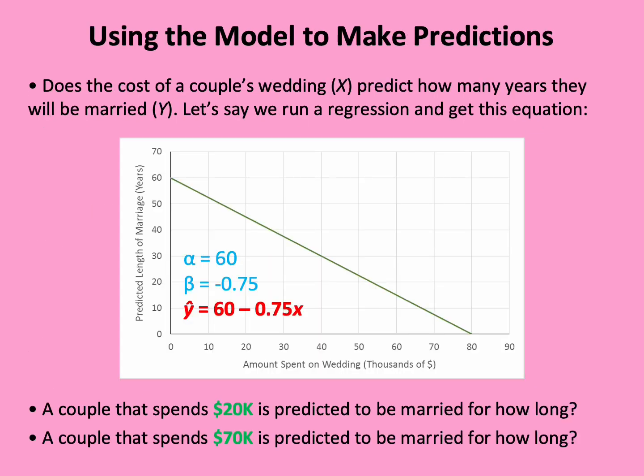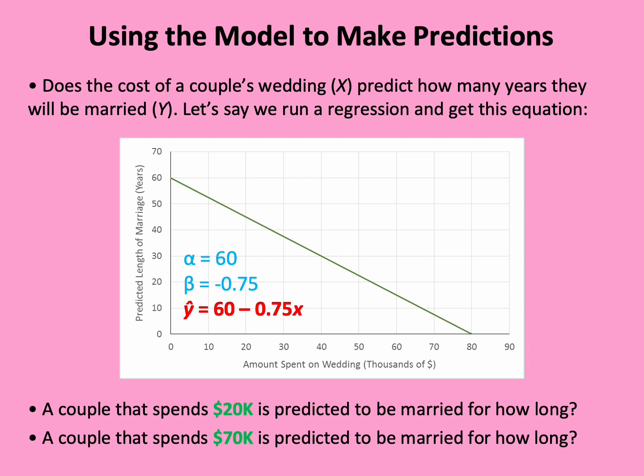I realize this is very abstract, so I think going through an example would be helpful. Let's say our x variable, or our predictor variable, is the cost of a couple's wedding, and the criterion variable, or y, is the years that that couple will stay married.